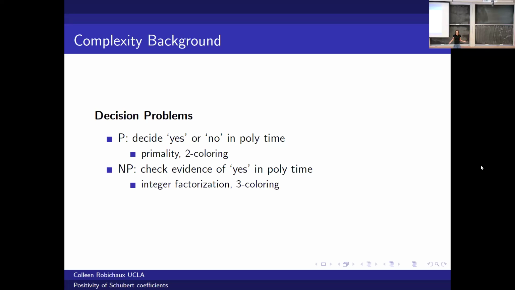And you can check evidence that my graph is 3 colorable by you just giving me a 3 coloring. And I can check that it satisfies all of those conditions of being a 3 coloring. And so that's why 3 coloring is in NP. Another example is integer factorization. I can check if a given factorization is indeed a factorization of the number that I want you to factor or not. Okay, so these are in NP.